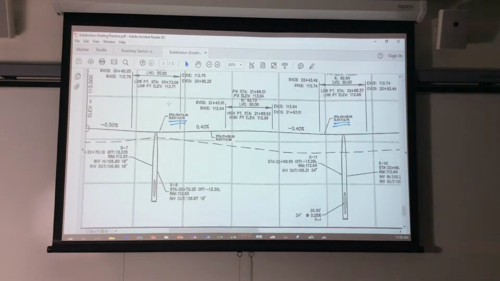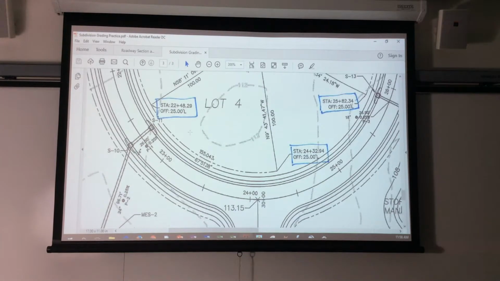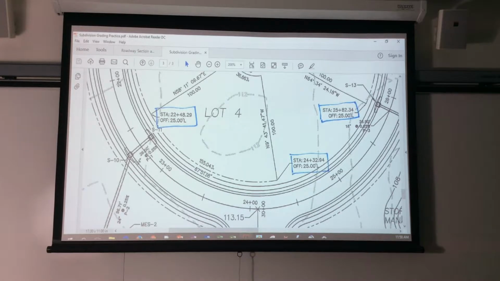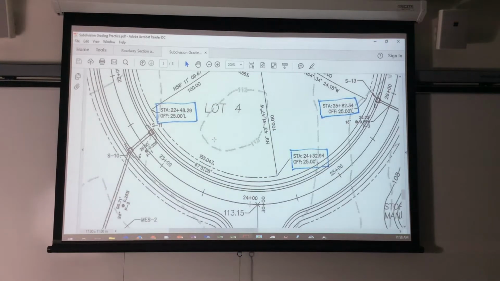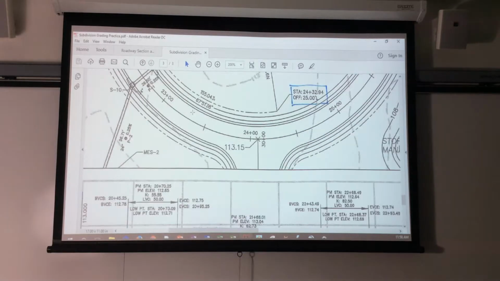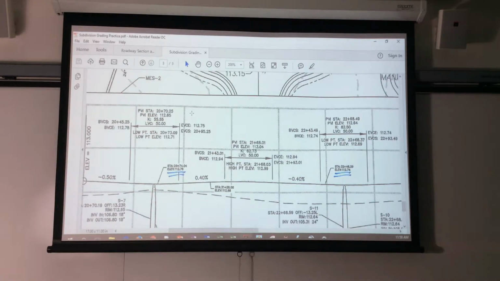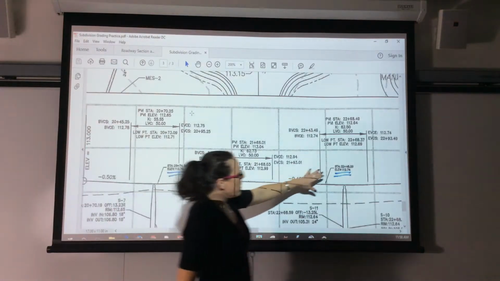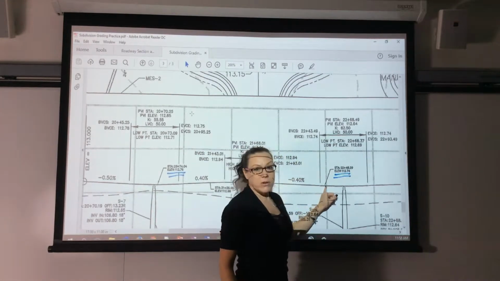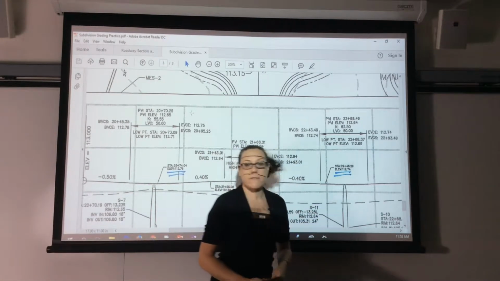And if you look at the original, here are the stations on the road. Let's make this easy for me right now. Let's go to 22, 48, 29. So here's 22, 48, 29, and there's the center line road elevation, 112.74.